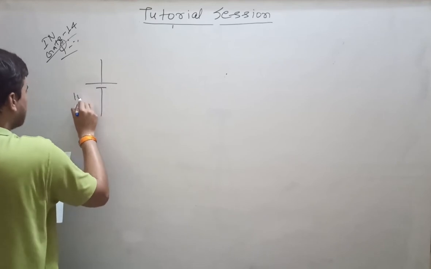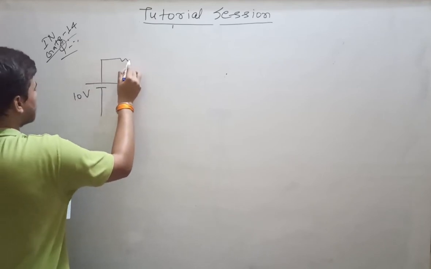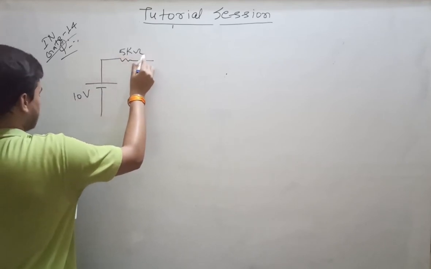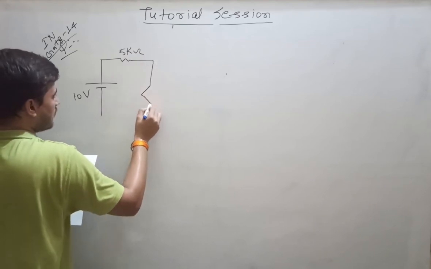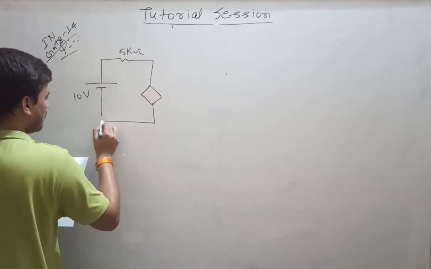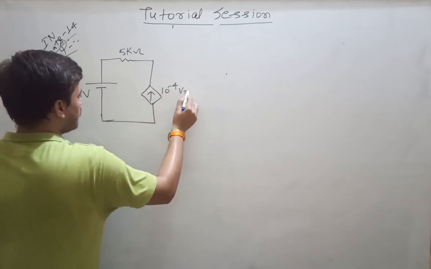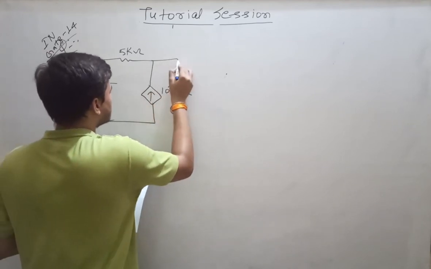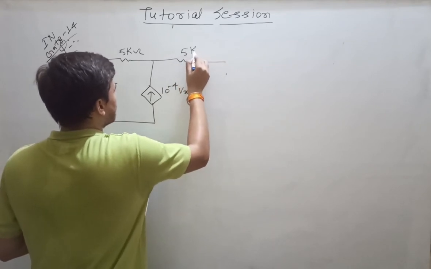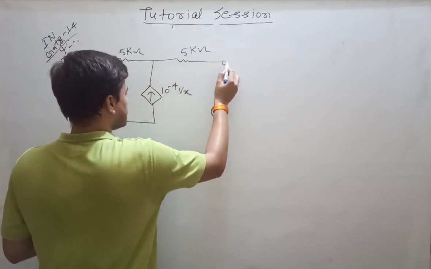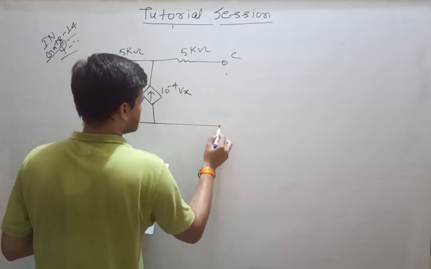This is 10 volt battery. This is 5 kilo ohm resistor. This is a dependent current source. 10 to the power minus 4 Vx is the value of this current source. This is 5 kilo ohm. This is C. This is D.